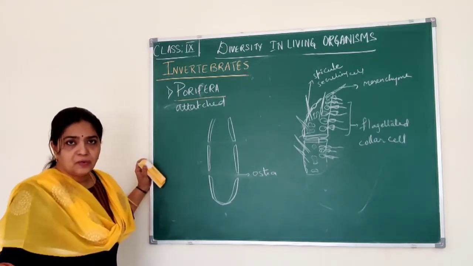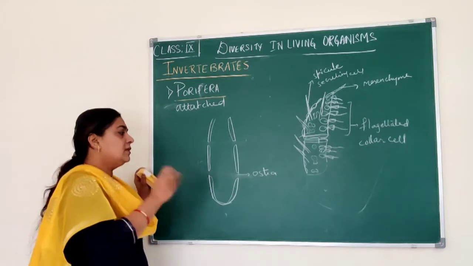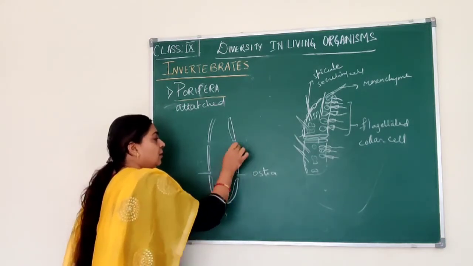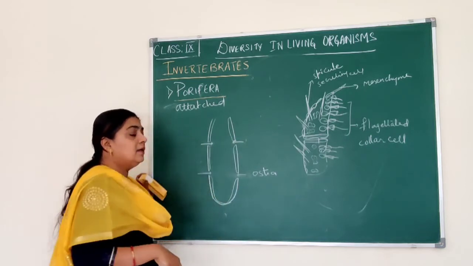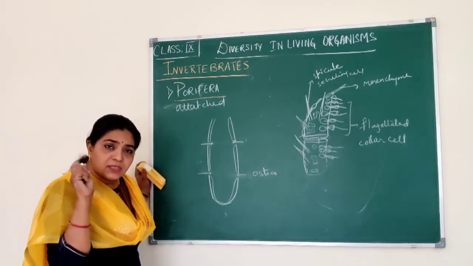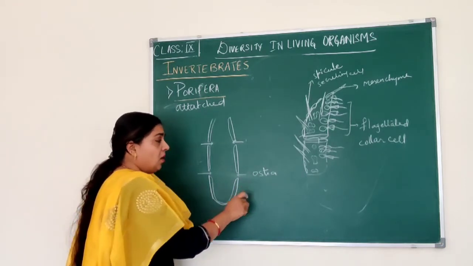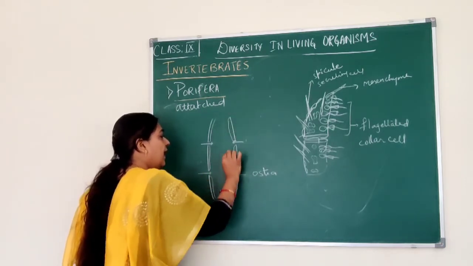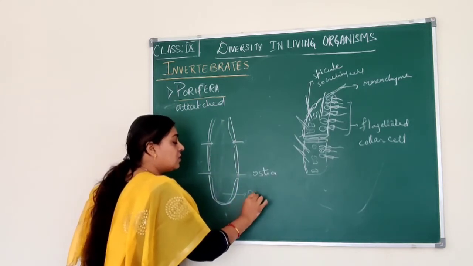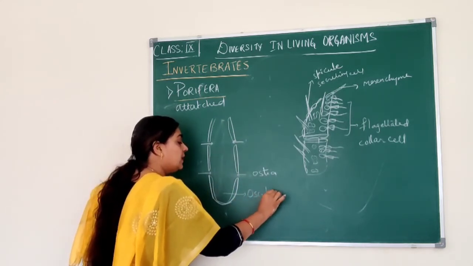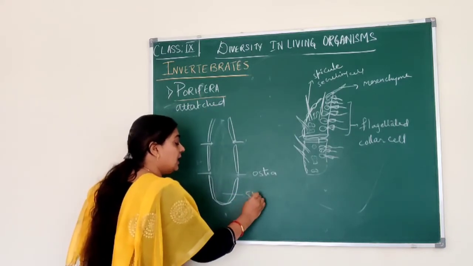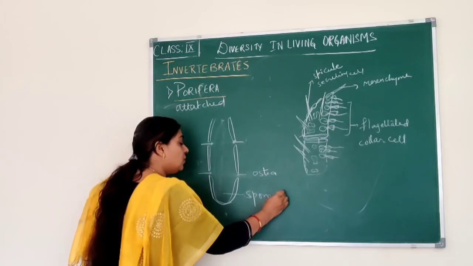They cannot prepare their own food. Here, the water will enter inside the body of the sponge through these tiny pores called ostia. Their body has one cavity. This cavity is called spongocoel.